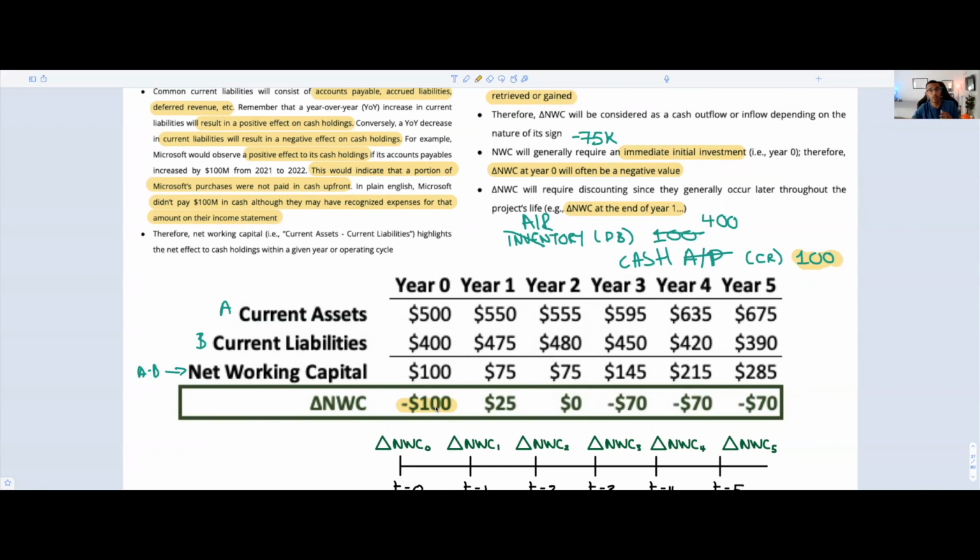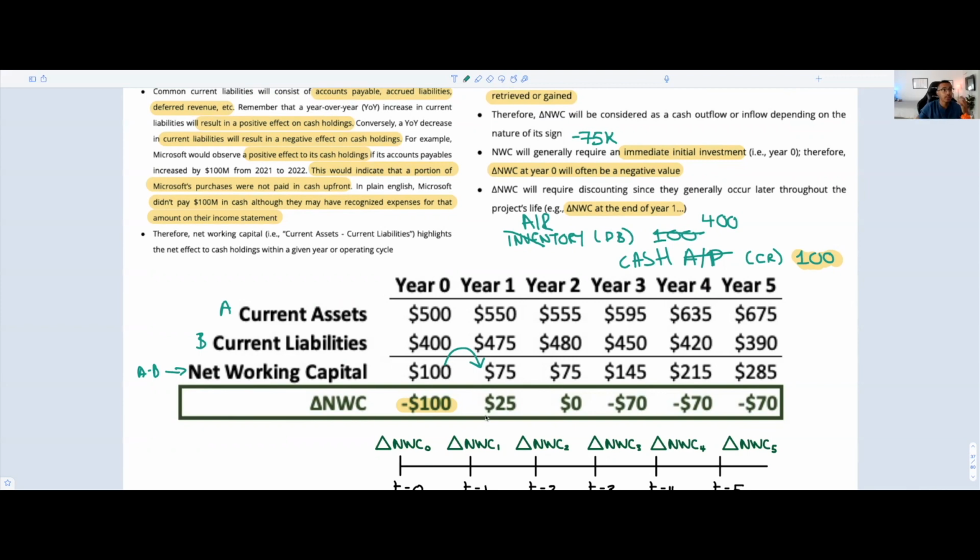But then from year 0 to year 1, we notice that we have a decrease in NWC, and a decrease in NWC could indicate a few things. It could indicate that we're being more efficient with our accounts receivables, or that we're losing less money in inventory.